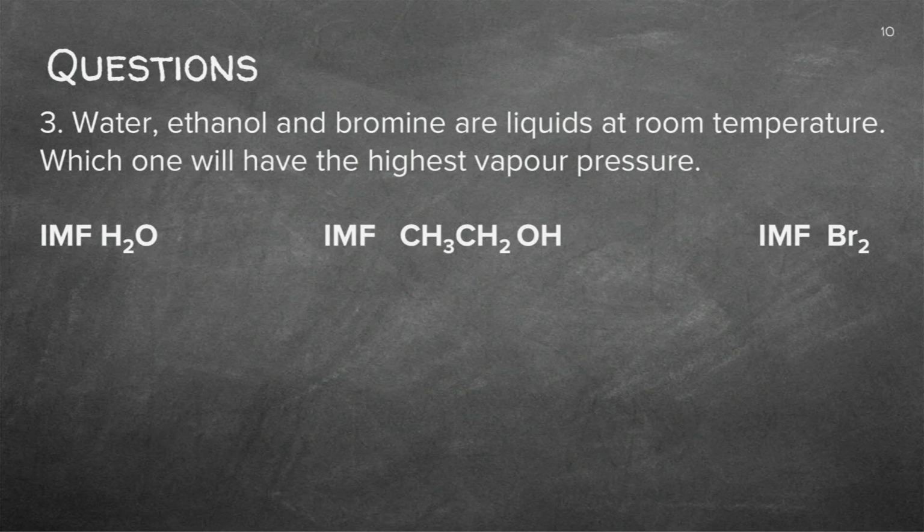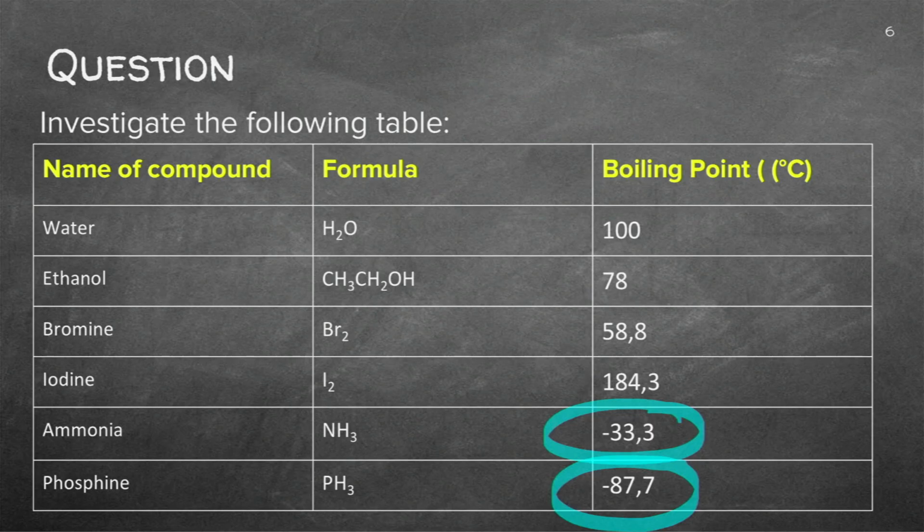Another question. We've got water, ethanol, and bromine at room temperature, and they tell me they are all liquids at room temperature. Which one will have the highest vapor pressure? Well, I'm going back to my boiling points. I've got my table. I've got water at 100, ethanol at 78, and bromine at 58.